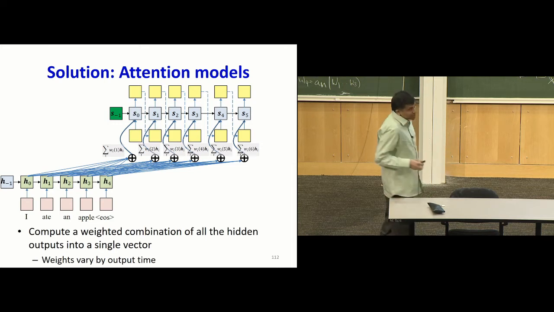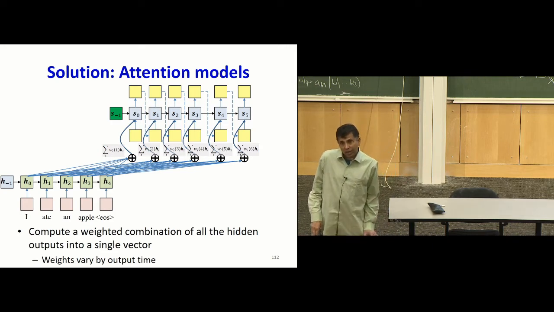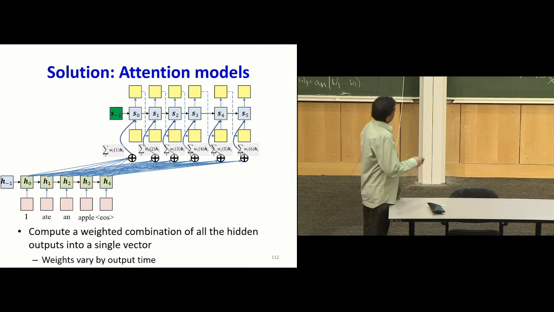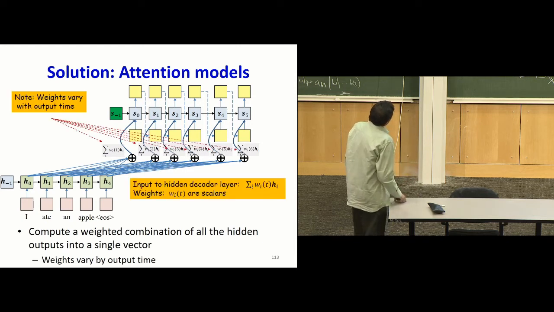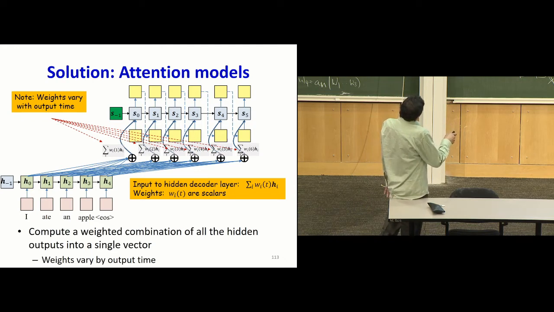So the weights with which the hidden representations of the encoder are combined to produce what we will call the context input to this hidden representation will change with time. Again, observe that these weights vary with time.